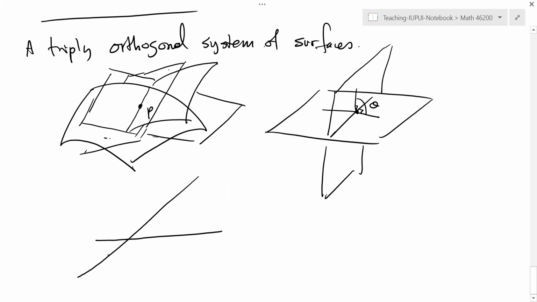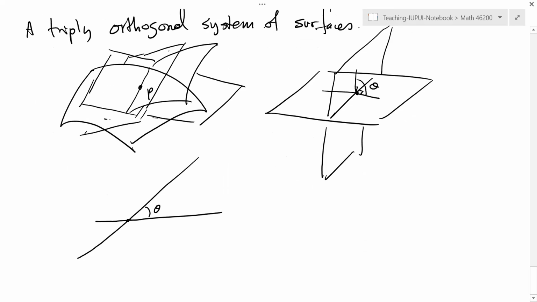This is supposed to be a plane, and we're talking about this angle. To calculate it, I cannot afford to find the tangent plane, it's a waste of time. So how do I find this angle? This is plane 1, P1, P2.